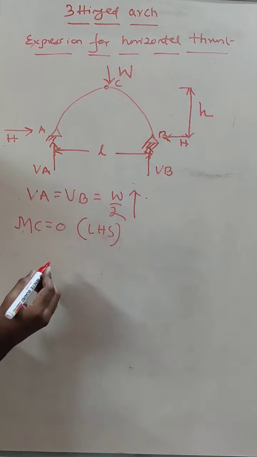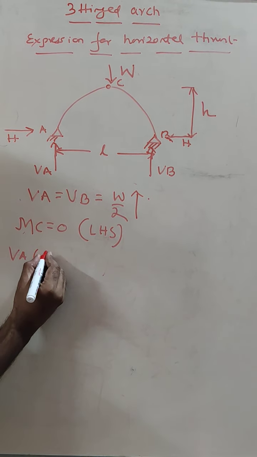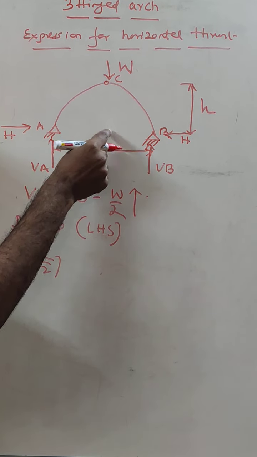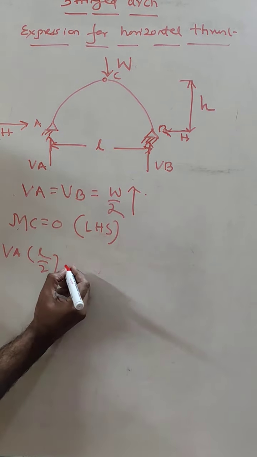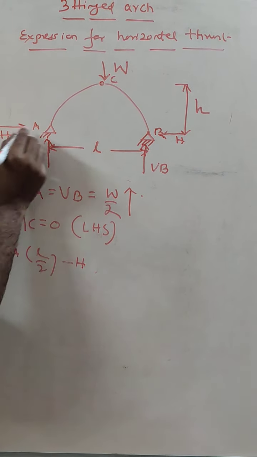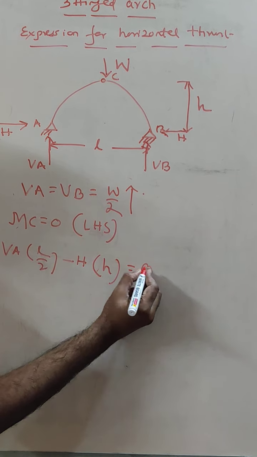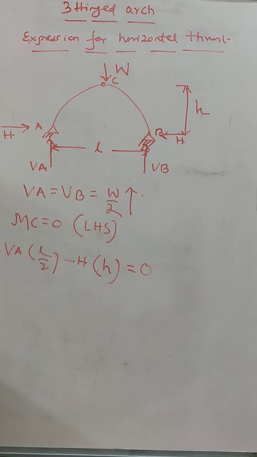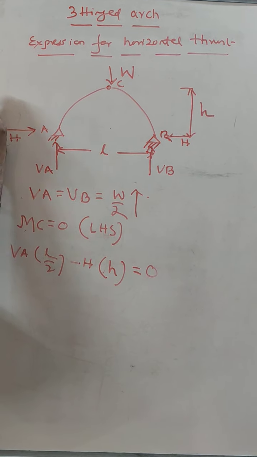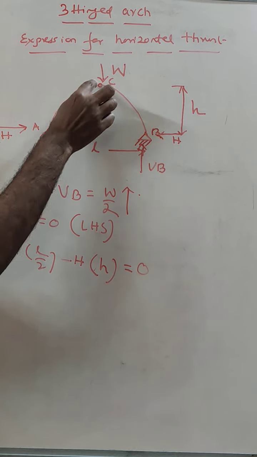So when you take moment about C equal to 0, it is VA into L by 2, acting upward, so it is a clockwise moment, positive. Then the moment due to H, only two forces are there, minus H into rise h is equal to 0. I repeat again, moment at C equal to 0: algebraic sum of all the moments on the left side, VA into L by 2 minus H into small h.